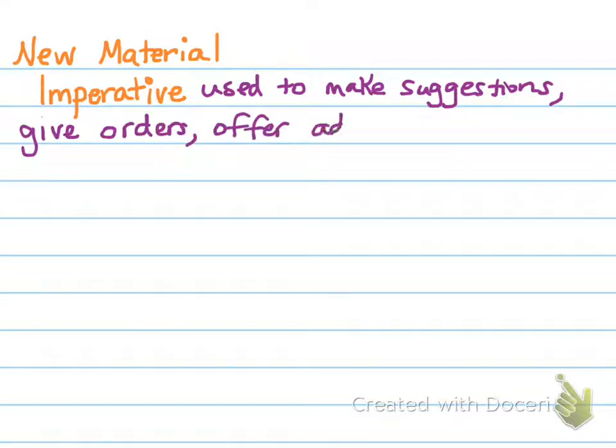So we actually also use the imperative quite a bit in English, okay? And so this is commonly used in both French and English. For example, when you say go to bed or don't forget to study, those are you using the imperative in English.